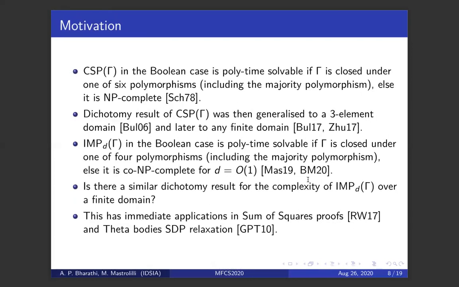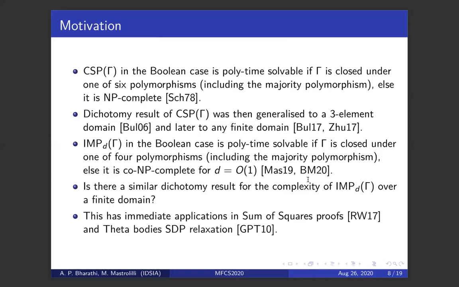So the complexity of CSP of gamma, or IMP0 of gamma, over the Boolean domain has a nice dichotomy result, that it is polytime solvable if gamma is closed under one of 6 polymorphisms, including the majority polymorphism. Otherwise, it's NP-complete.